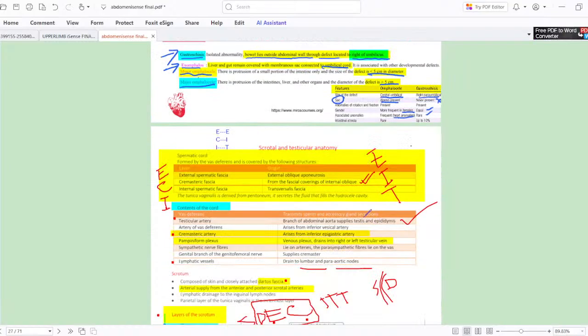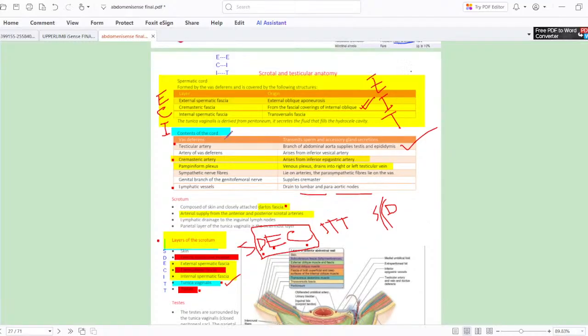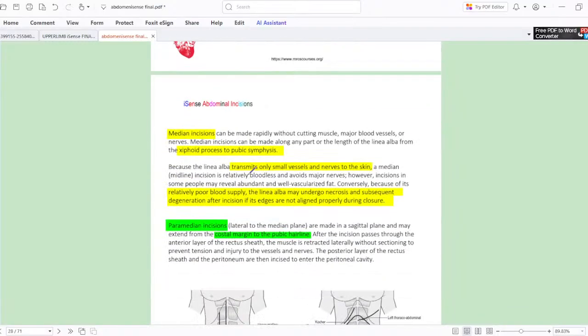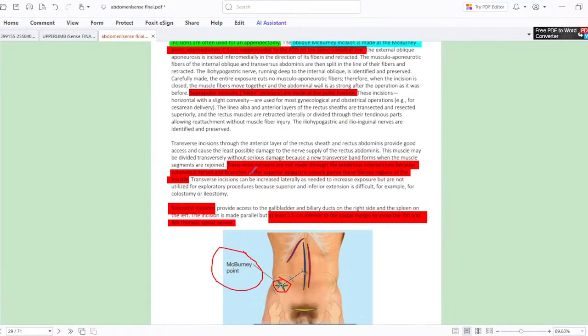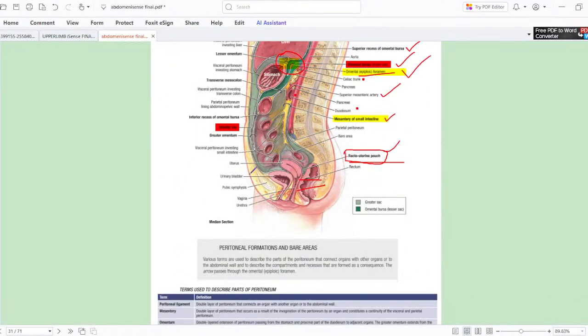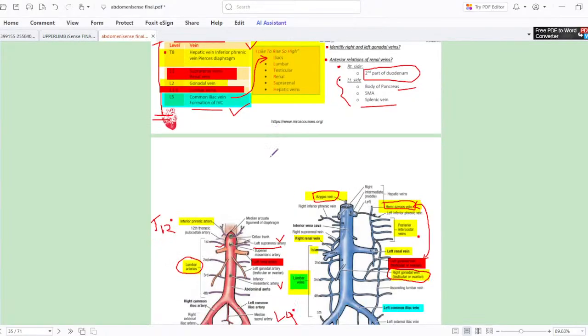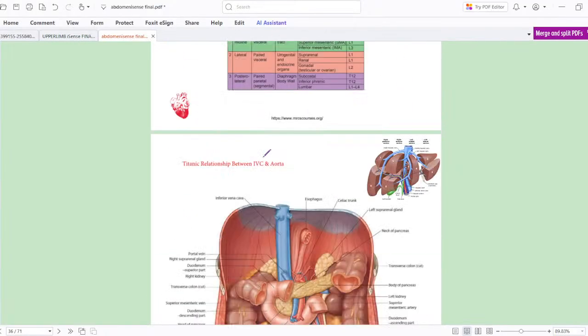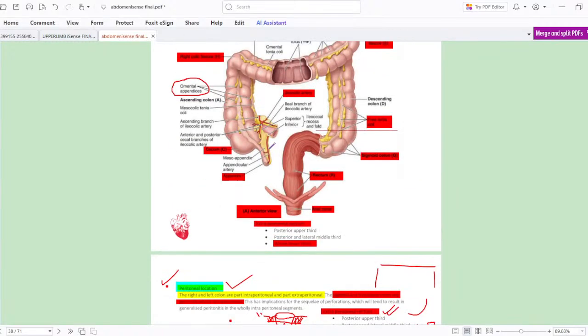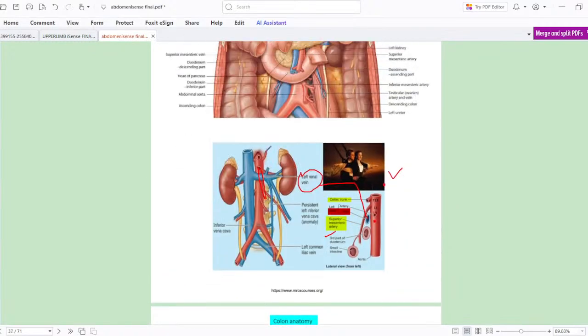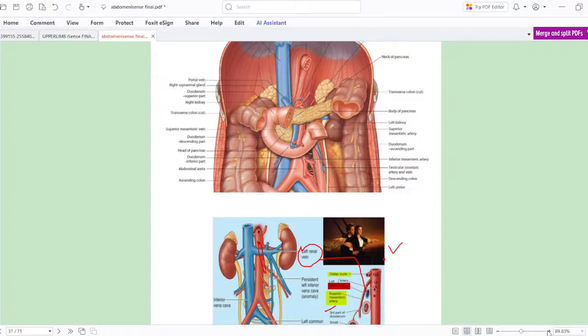Scrotal and testicular anatomy, if you can read this one. Actually, there are some similarities. First finish that. The abdomen is important, and you have to remember everything. Don't be upset. You will get back to Titanic again.